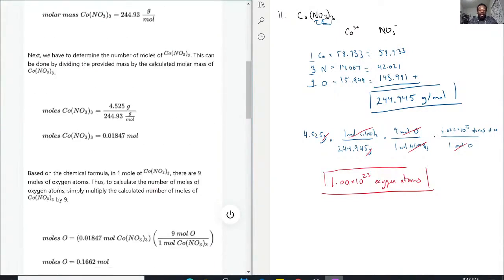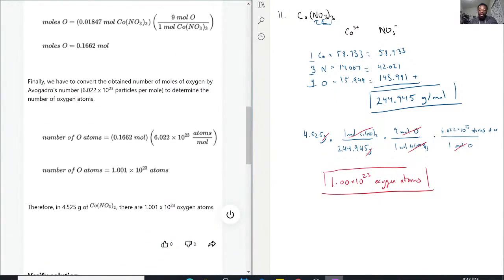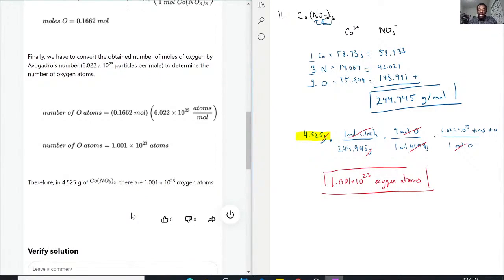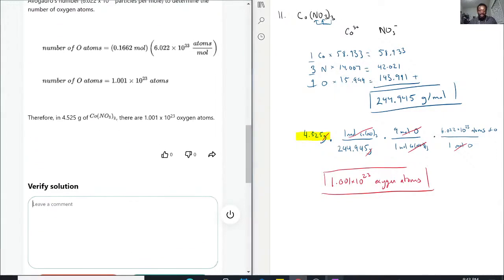I see. So that's why you should round to 1.001, because the original number was 4.525, which had 4 significant digits. So I will just add that. And yep, my calculator is 1.001 as well. So there are indeed 1.001 times 10 to the 23rd oxygen atoms. So this is correct.